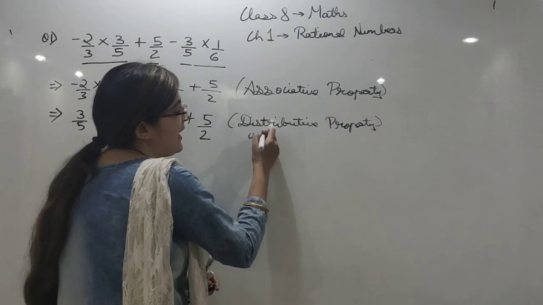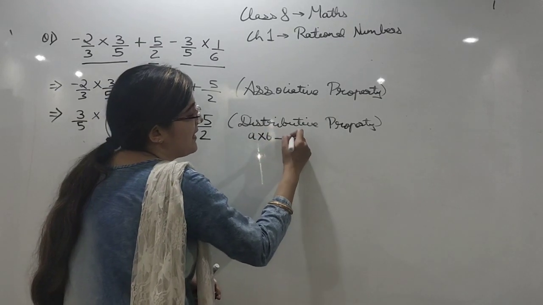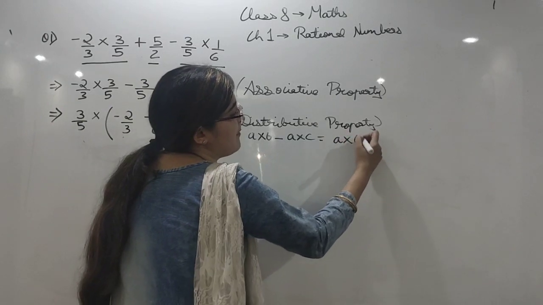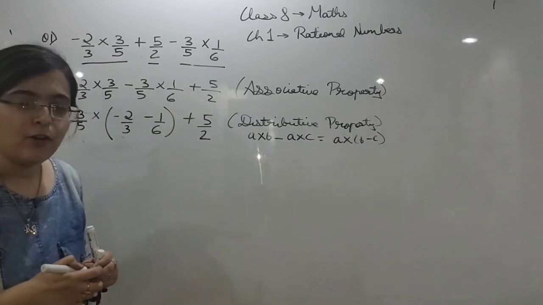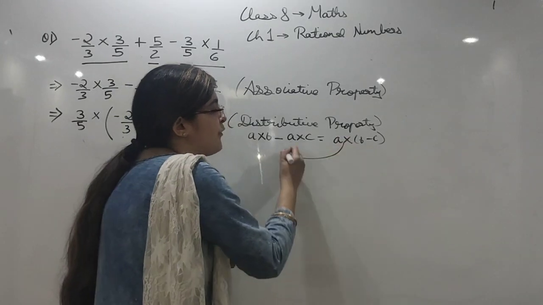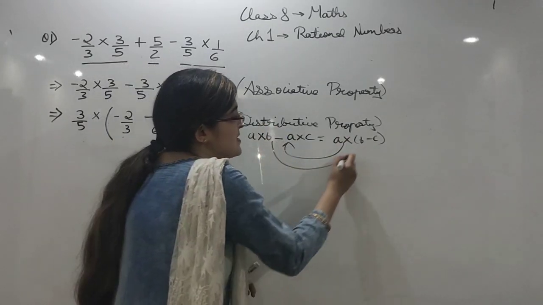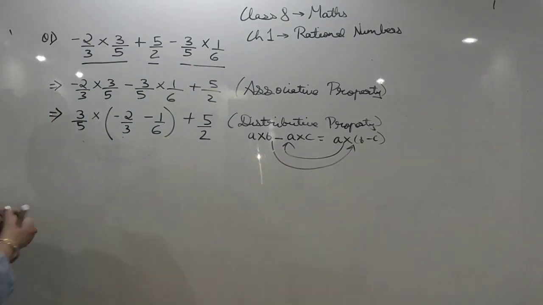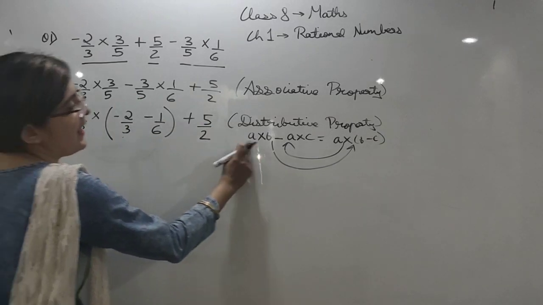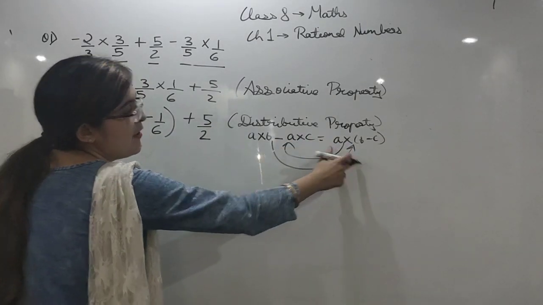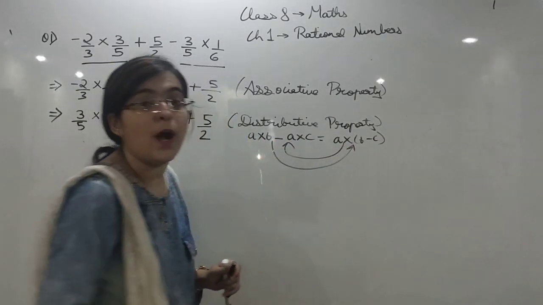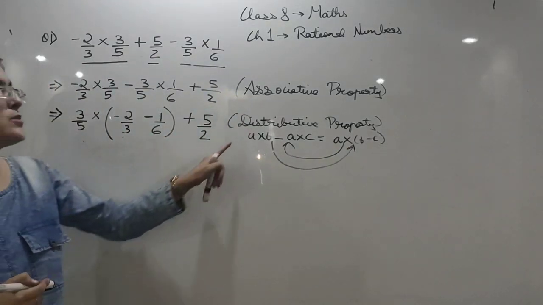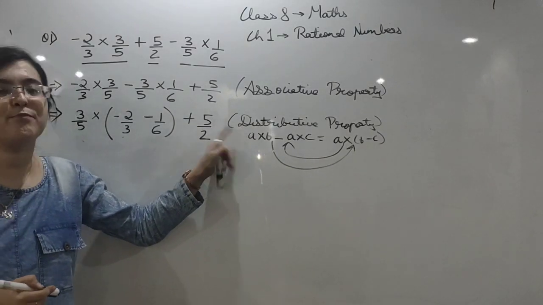Here it was A into B minus A into C. What we have written is A common and B minus C. From LHS, we have gone to RHS. Is it clear to you what we have done? From this step, we have taken A common and written this. So, from this step to this step, what have we used? We have used the distributive property. Clear?